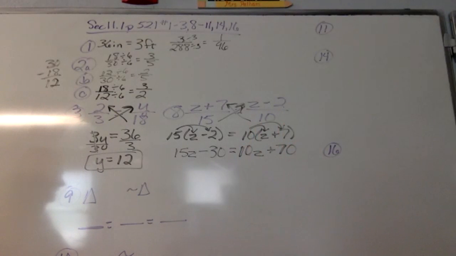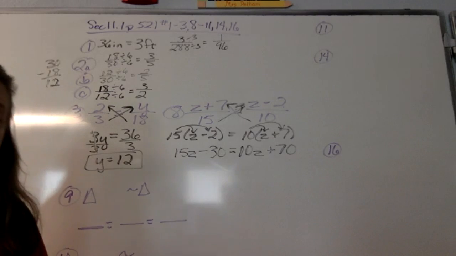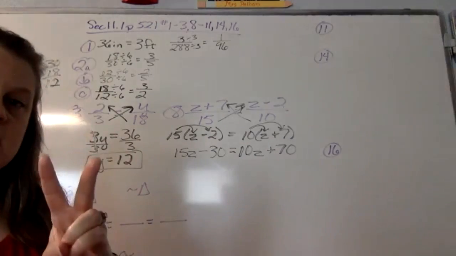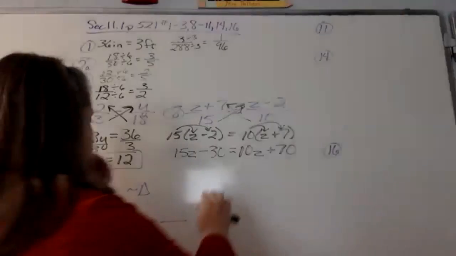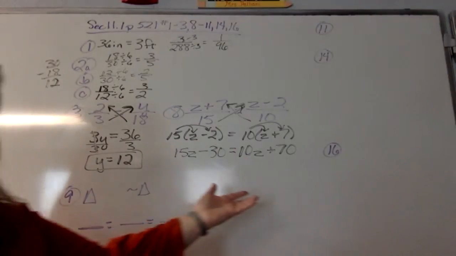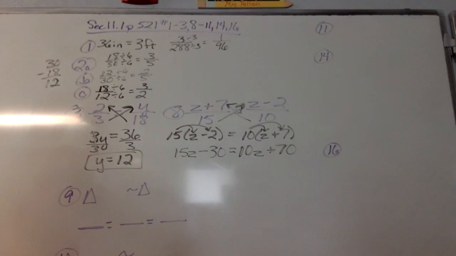Now, when we get to this point, we're always trying to get the variable by itself. So to be able to get z by itself, I have to get where there's only one z. Right now, I have 2 z's. I have z's on both sides. So I have to move the 1 over.